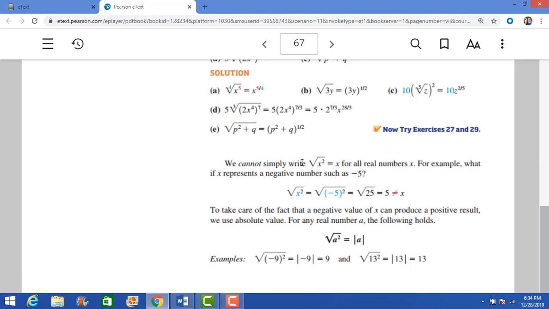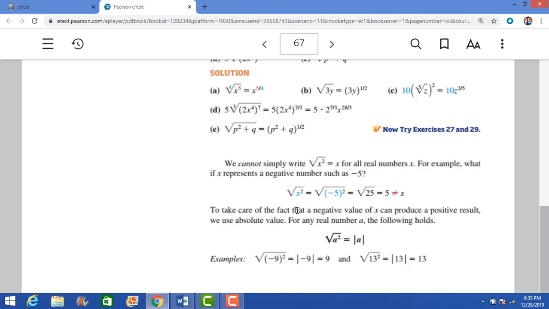If x represents -5, this is not the same as x, because if we square this, we get 25, and then the square root of 25 is 5, which is not equal to x, because x is -5.